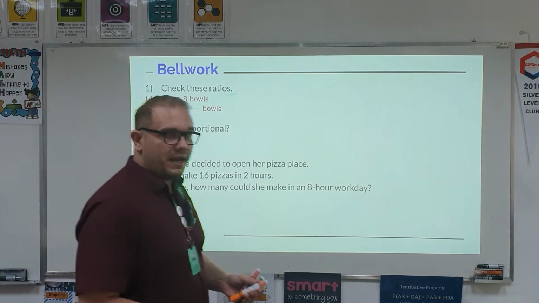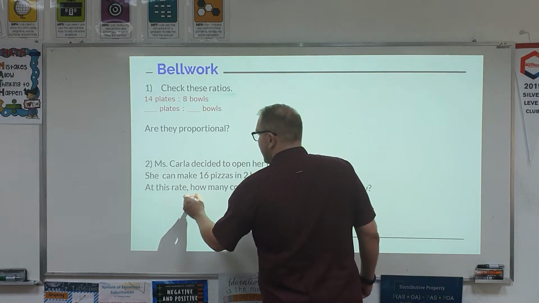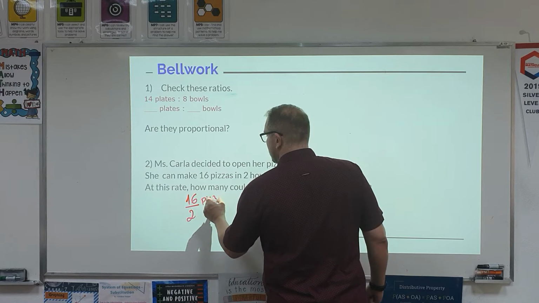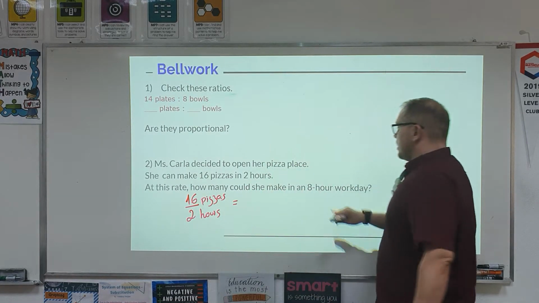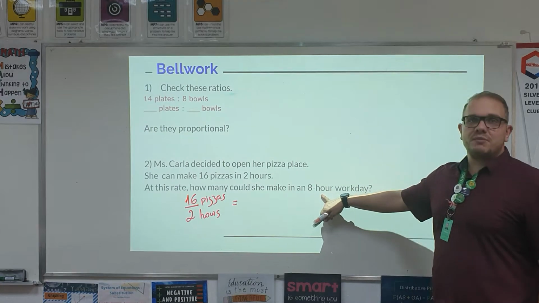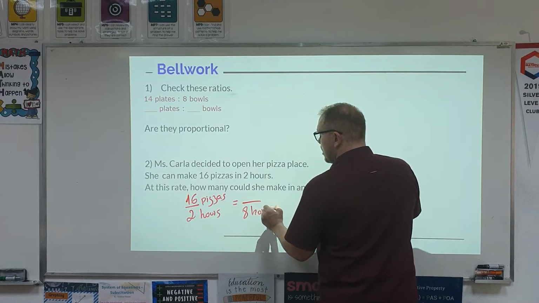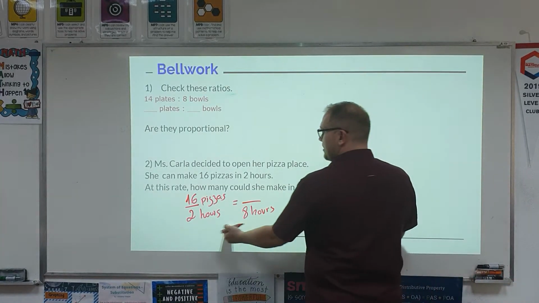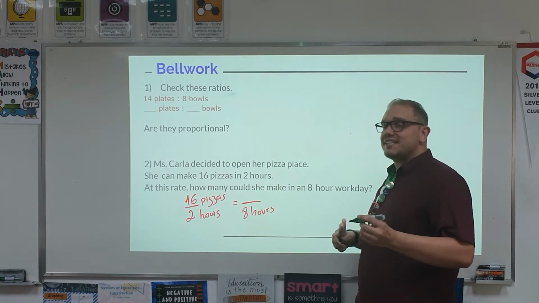So if she can make 16 pizzas in every 2 hours, I have this ratio of 16 pizzas to 2 hours. If I want to know how many pizzas she can make in 8 hours, I actually want an equivalent ratio or equivalent fraction that has a denominator of 8. So I have to think about proportionality now.